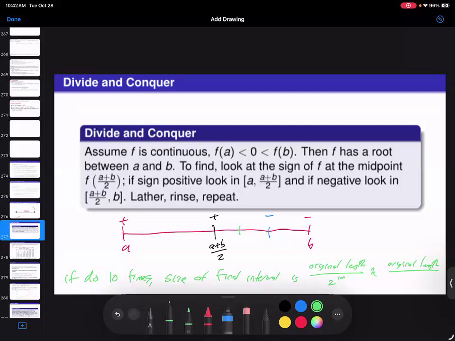Yeah, it's approximately 1,000. So 10 iterations is approximately 3 decimal digits. If you wanted 3 decimal digits, if you did this 10 times, you should get about 3 decimal digits. If you wanted to get 6 digits, you would have to do it 20 times.